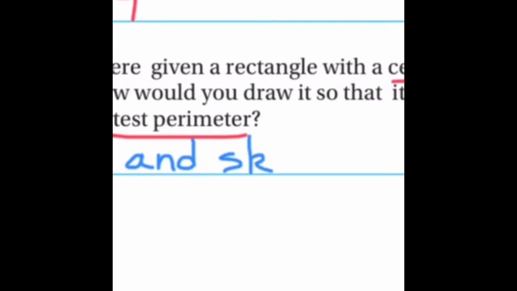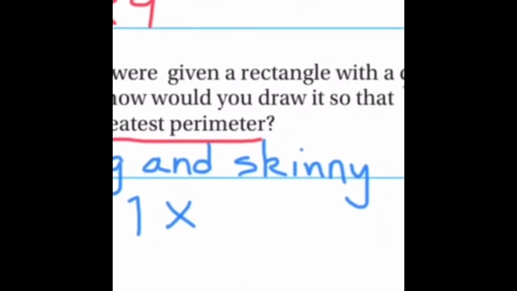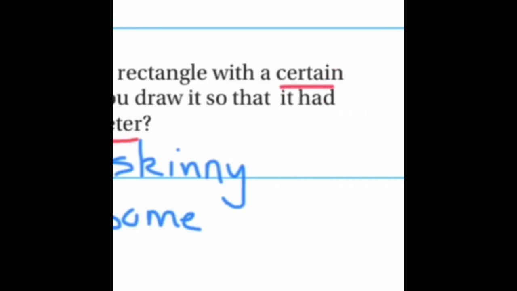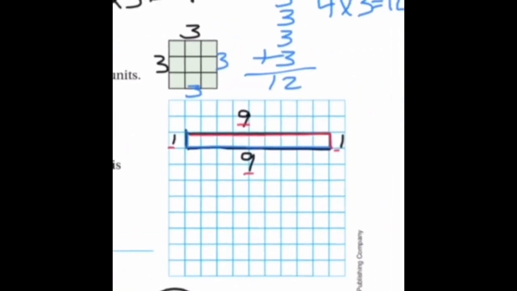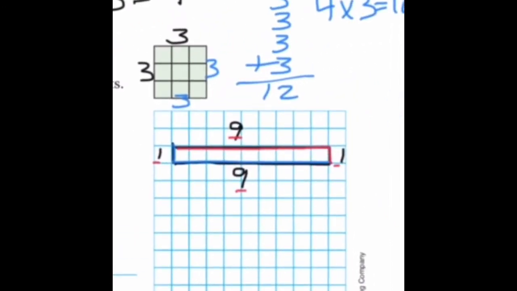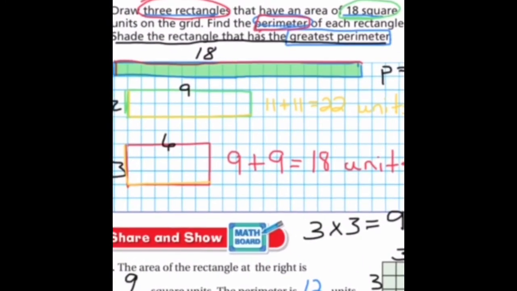Or the other way we can write that is a 1 by something. So that will always give you the greatest perimeter, the 1 by something. If it was an area of 9, it's a 1 by 9. If it's an area of 18, the 1 by 18 has the greatest perimeter.